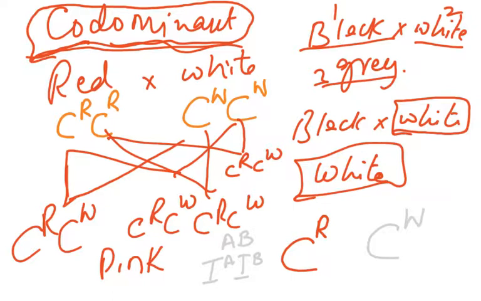Another very important thing to always remember is that there will always be 3 phenotypes. Like I said, black, white, grey. Like I said, red, white and pink. So there will always be 3 phenotypes. When you read the question, genetics questions are to be read very carefully and understood, to know how you're going to handle these questions.